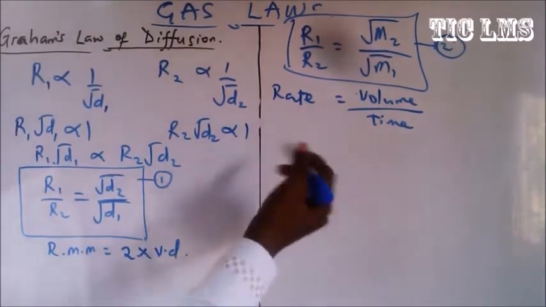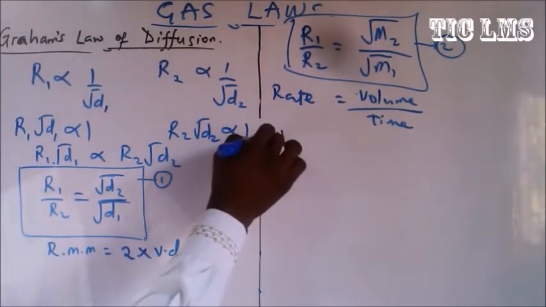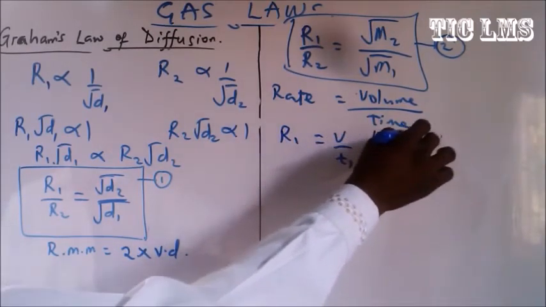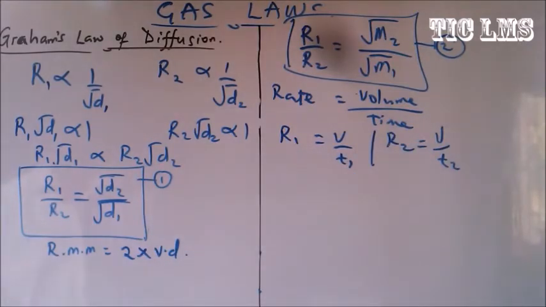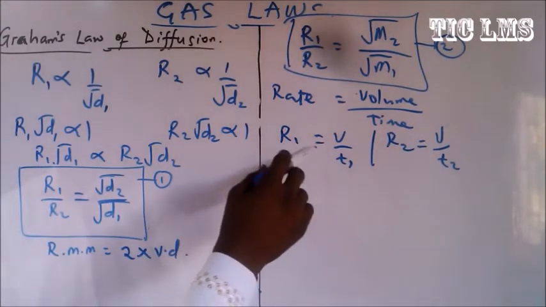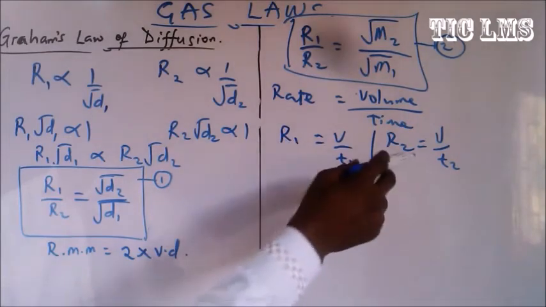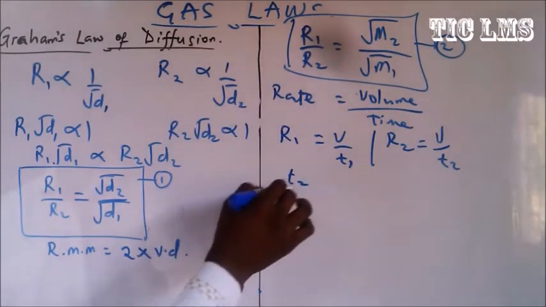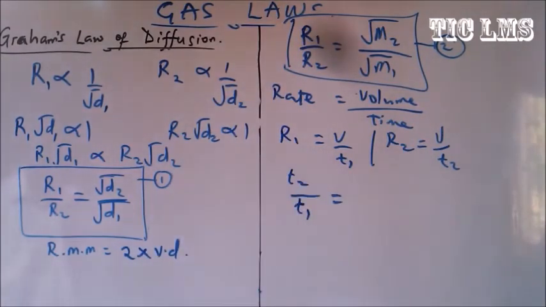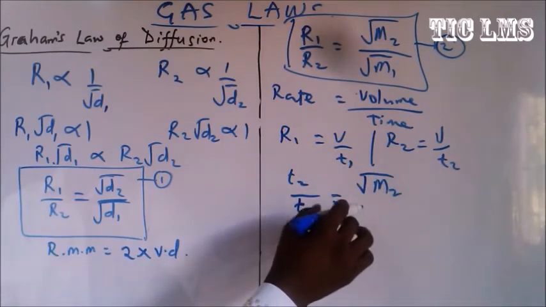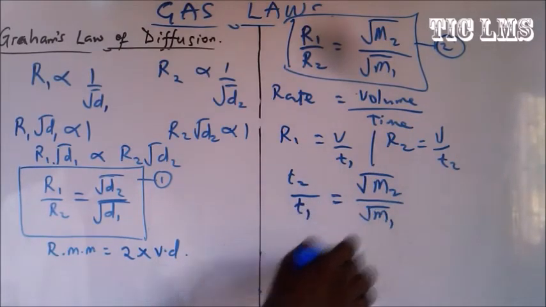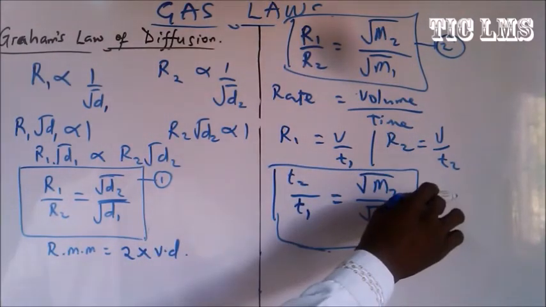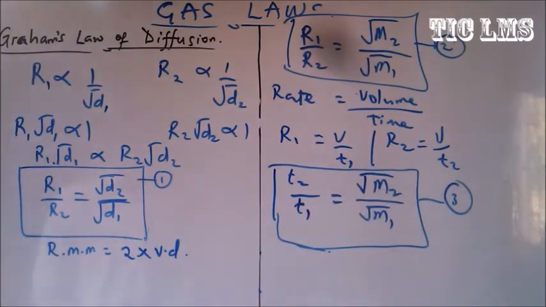And so at equal volume of the gases, where we have R1 equal to V over T1 and then R2 equal to V over T2, we can substitute R1 with T1 and then R2 with T2. And so we'll have T2 over T1 is equal to square root of molecular mass of the second over the square root of molecular mass of the first. And so we have arrived at a third formula that we'll use to solve questions that relate to Graham's law of diffusion.